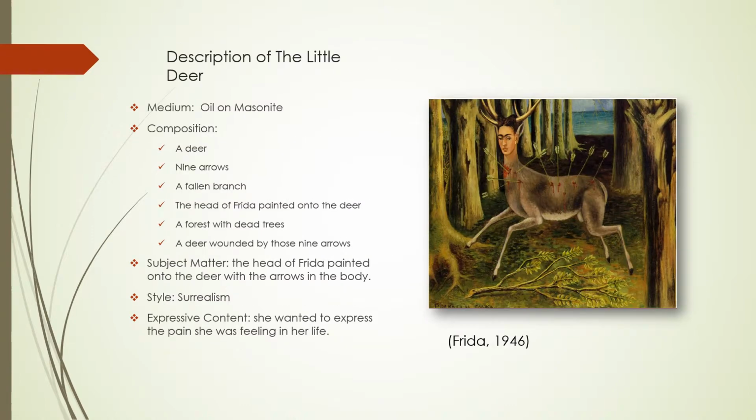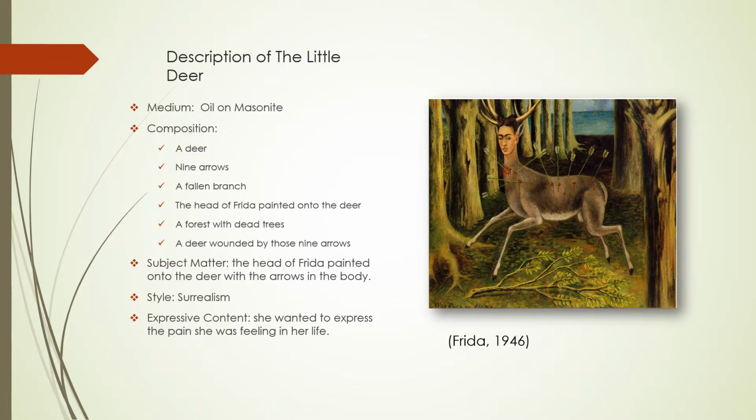Starting from the description of the Little Deer, the medium is oil on masonite. The composition is: there is a deer, 9 arrows, a fallen branch, the head of Frida painted onto the deer, a forest with dead trees, a deer pierced by those 9 arrows.